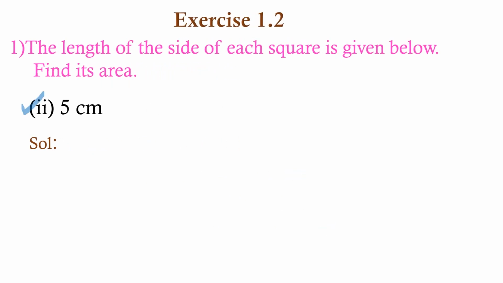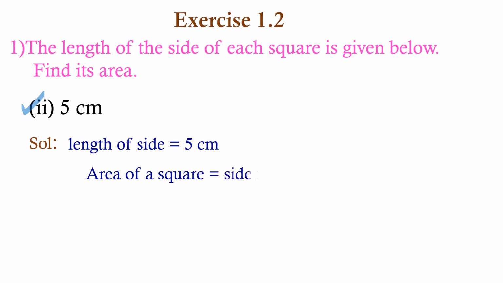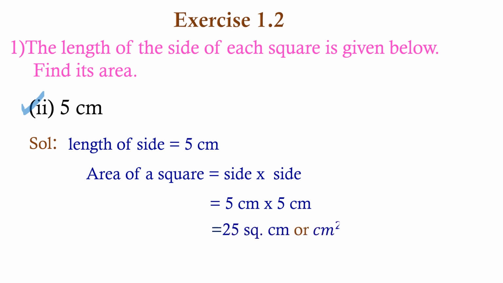Second sum, if the length of each side of a square is 5 centimeter, then find its area. So, length of side equal to 5 centimeter and area of square equal to side into side. Substitute the value in this formula, equal to 5 centimeter into 5 centimeter. 5 5s are 25 square centimeter or centimeter square.